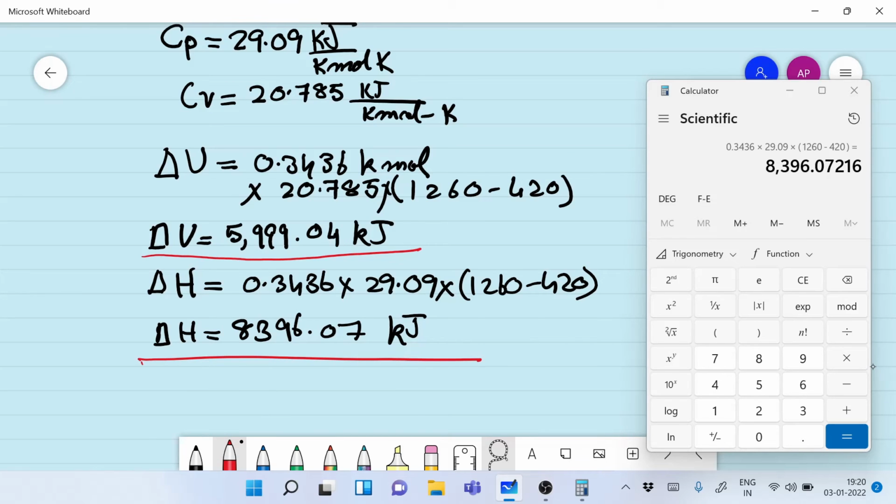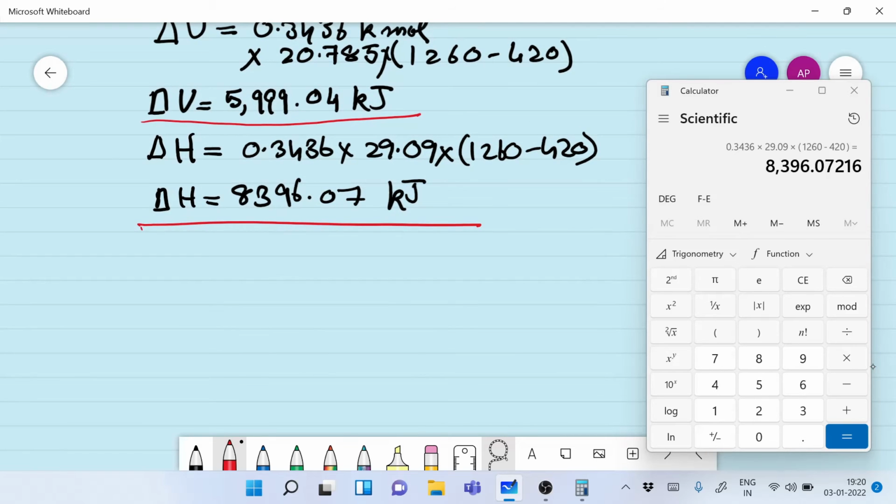Now we need to find out the heat given and the work done.